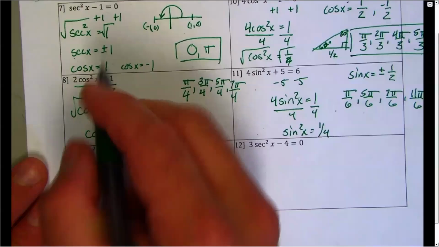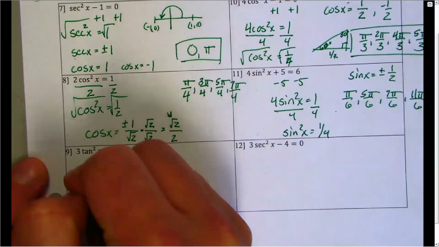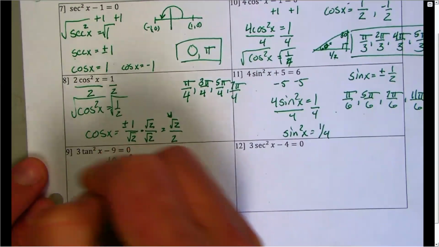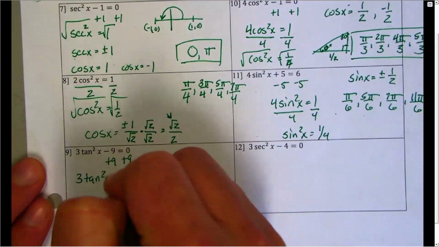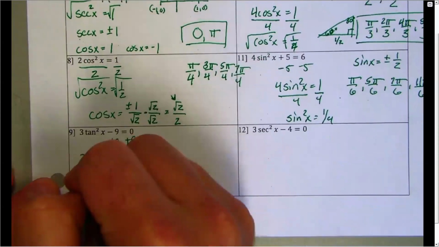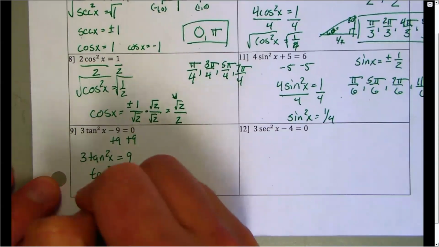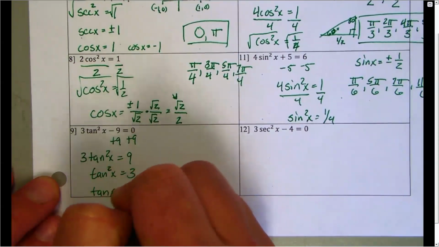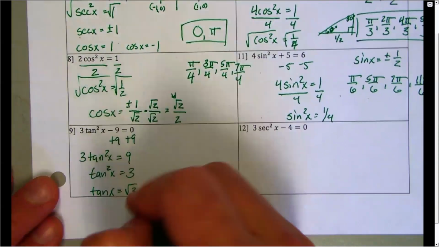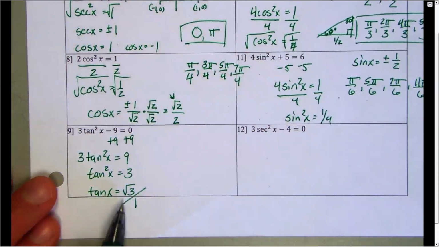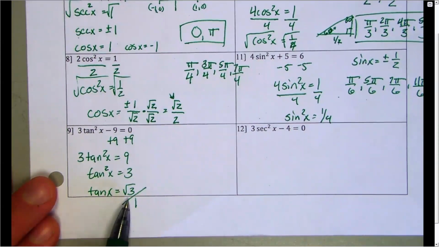Question 9, we will add 9 to both sides. Then we will divide both sides by 3. And then we will take the square root of both sides. I'm going to go ahead and write that as a fraction. So tangent means opposite over adjacent. This is not going to be a 45-degree angle because there's no square root of 2 anywhere in here.